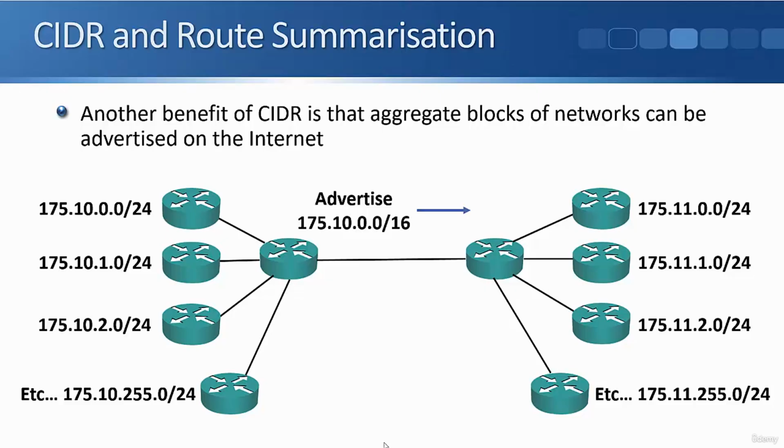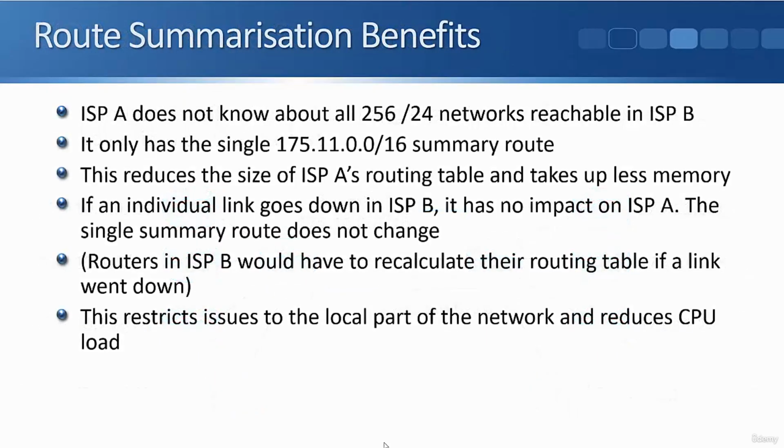And ISP-B will vice versa just advertise one route of 175.11.0.0/16 to ISP-A. So the benefit we get from this is that ISP-A doesn't know about all 256 networks behind B. It only gets a single summary route that covers all of them.